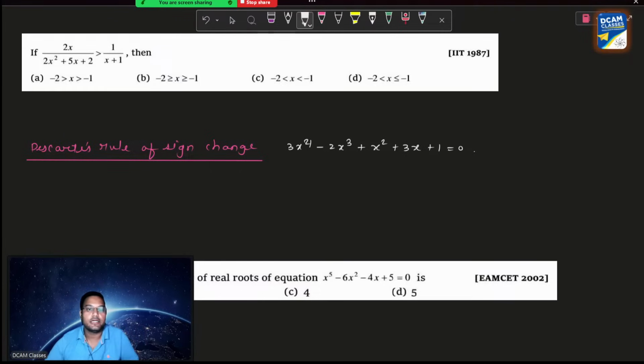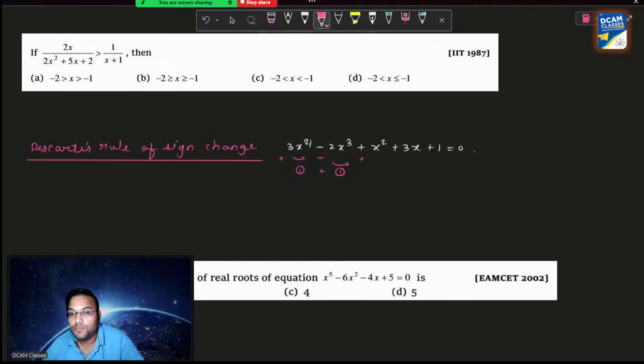Now, Descartes' rule of sign change tells us the number of times the sign changes. This is positive, this is negative, so the sign has changed one time. Minus has again changed to positive, so again there is a sign change. So this is 1 plus 1, 2 times.